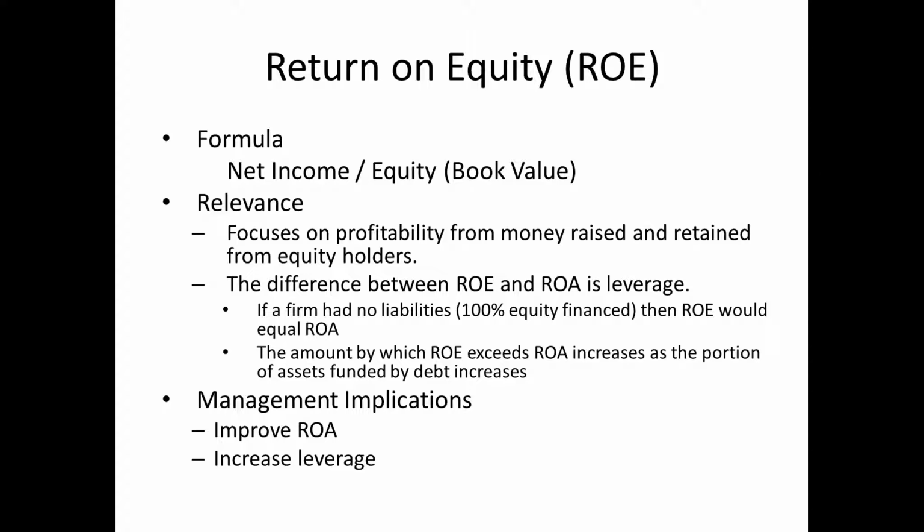So it'll go up if it's positive, it'll go down if it's negative. And it'll go up by more as more of the assets are funded by debt, so as your leverage ratio goes up. So you could either improve this by improving your return on assets or by increasing your leverage.